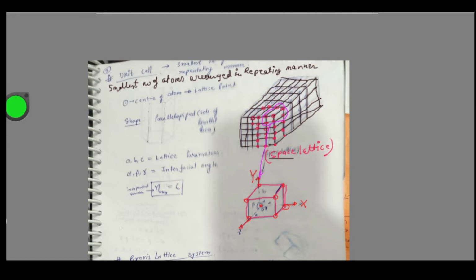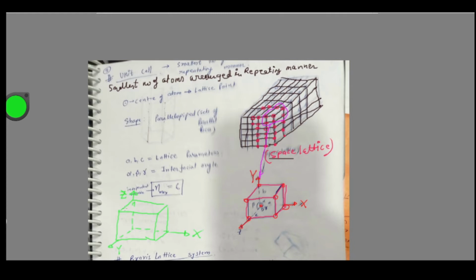So I'll draw here. This is the Z direction.